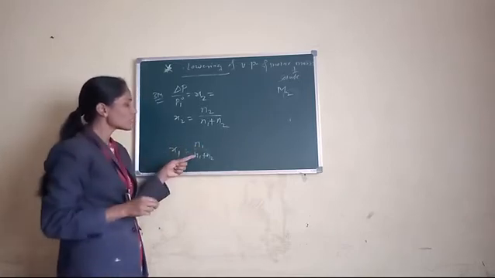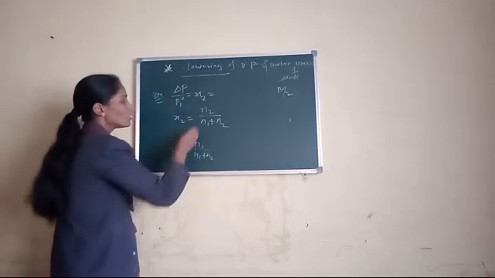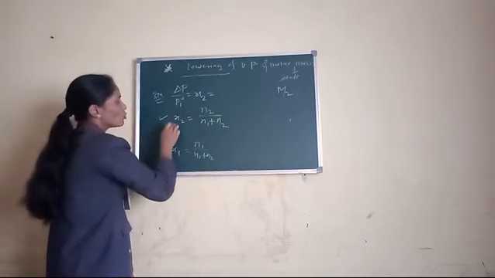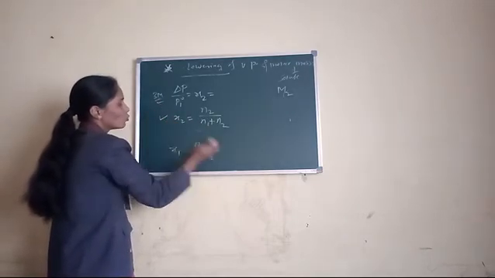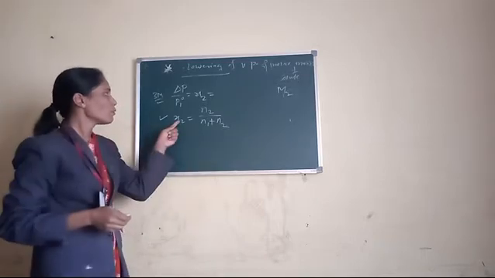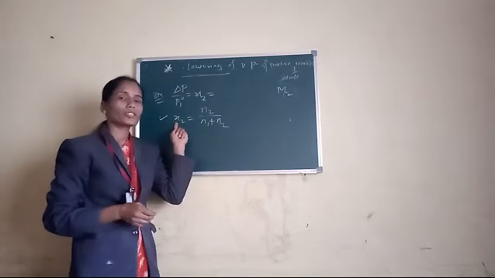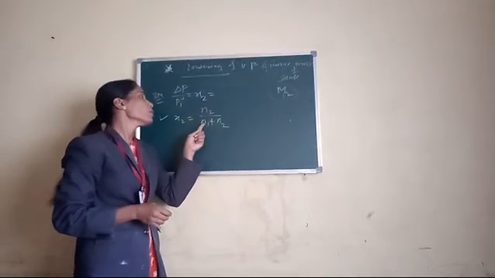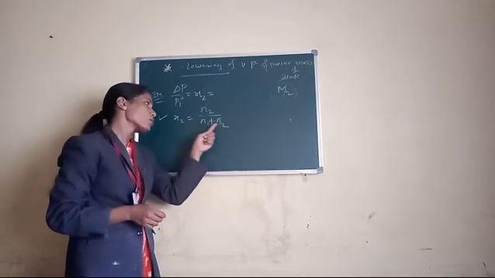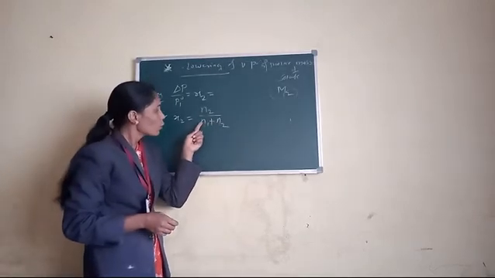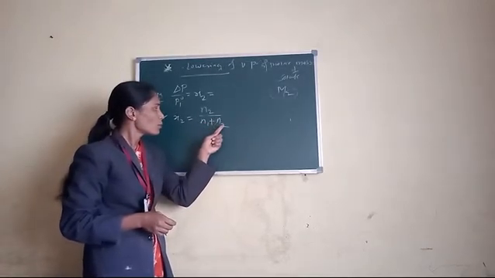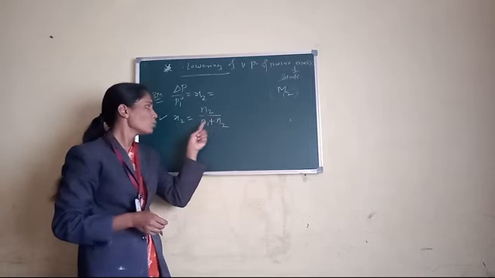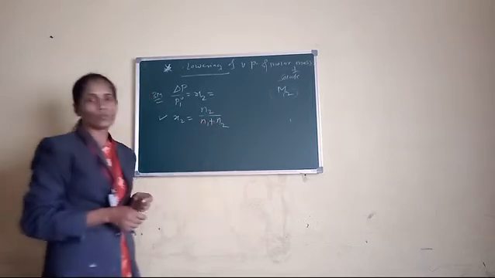The complete solution means N1 plus N2. Here we use the formula: mole fraction of solute is equal to moles of solute upon moles of solution. Moles of solution contain moles of solvent and moles of solute, the addition of these two, N1 plus N2.